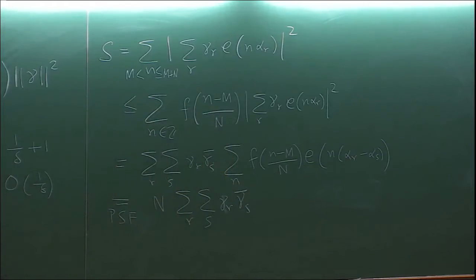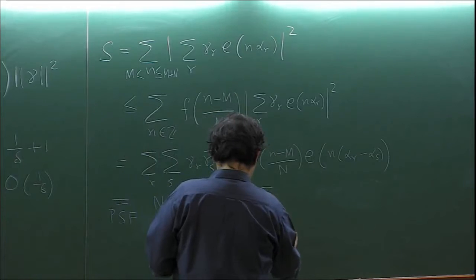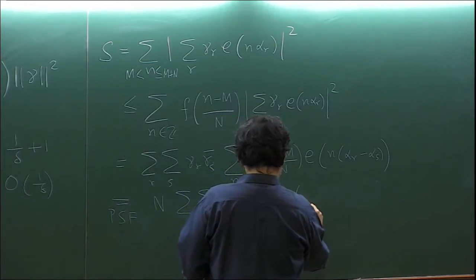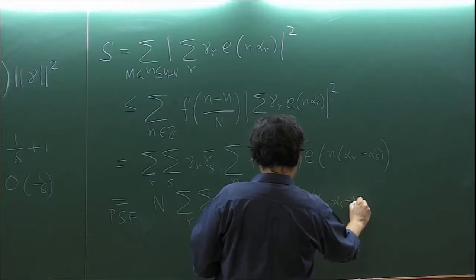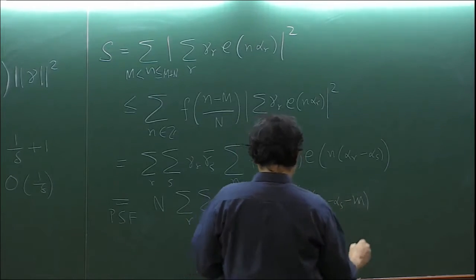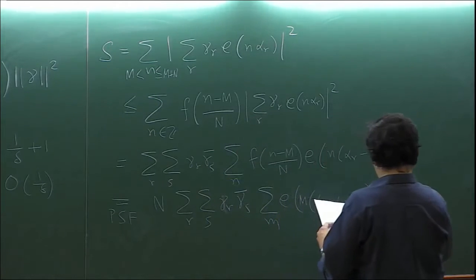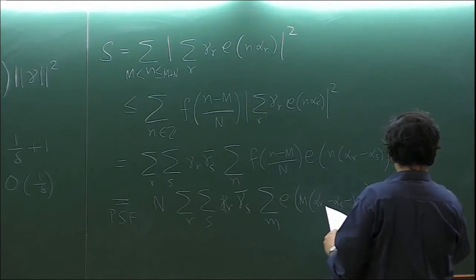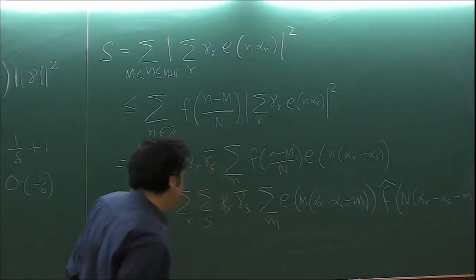We should get the sum over m of e of m into (alpha r minus alpha s minus m) times f hat of N into (alpha r minus alpha s minus m). Okay, that's what the Poisson summation formula will give you.